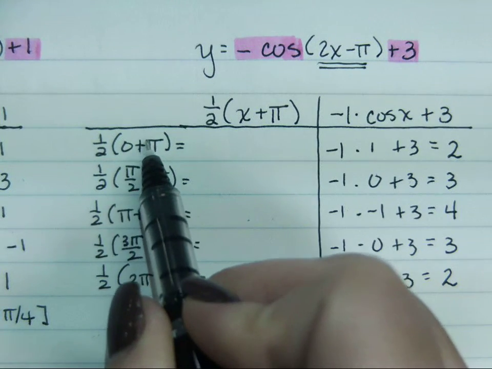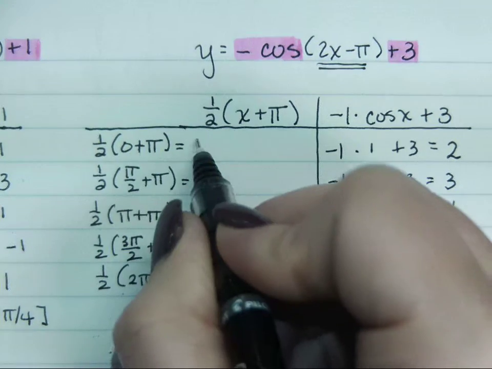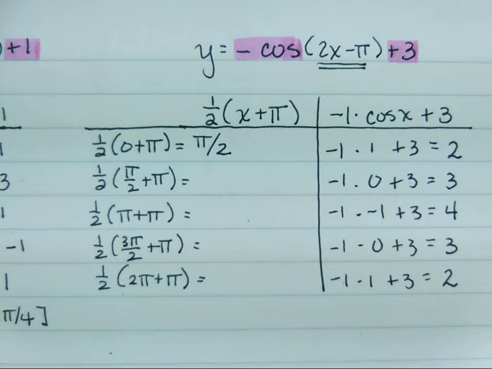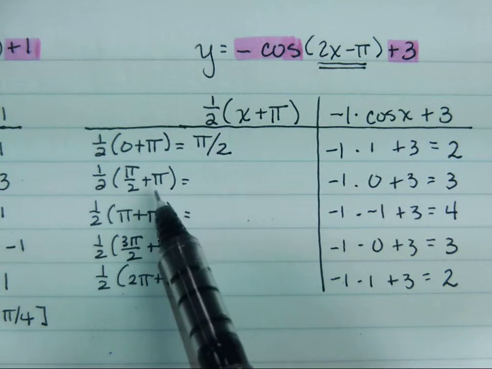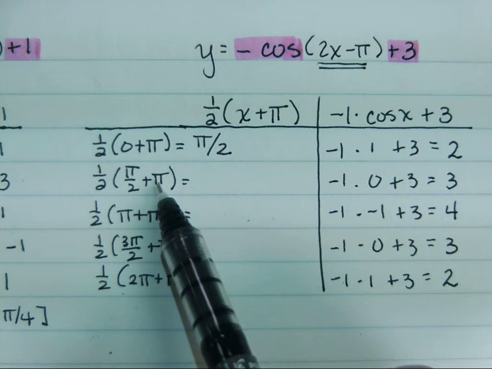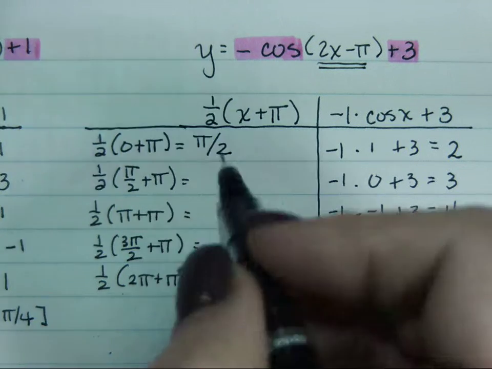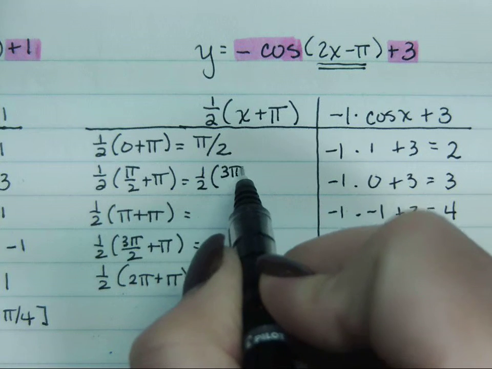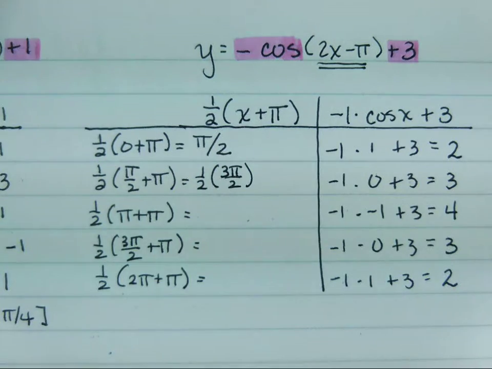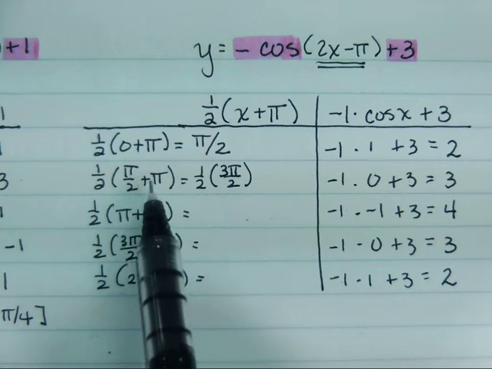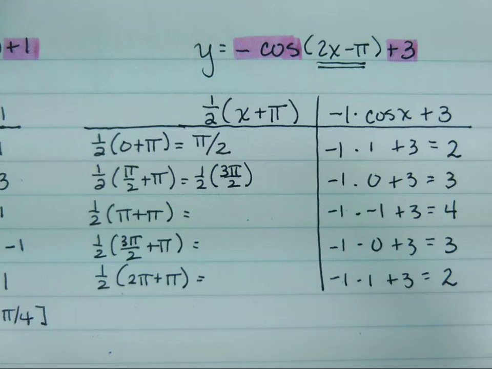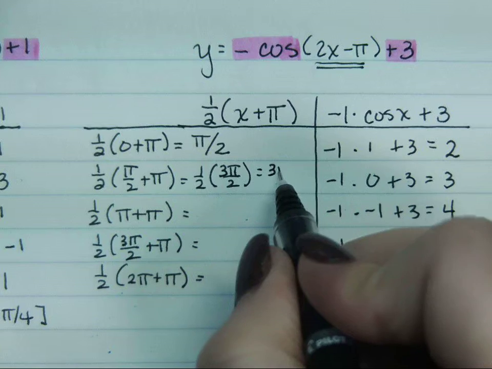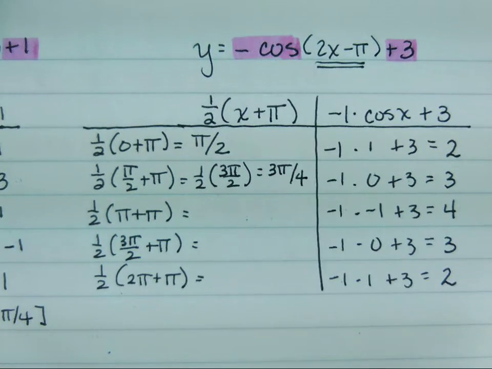0 plus pi is pi. 1/2 of that is pi over 2. Right. Now when I get a common denominator right here, then that's going to give me a 1/2 times a 3 pi over 2. And so when you simplify down what's happening here first, then you can multiply by the 1/2. This is really 3 pi over 4.